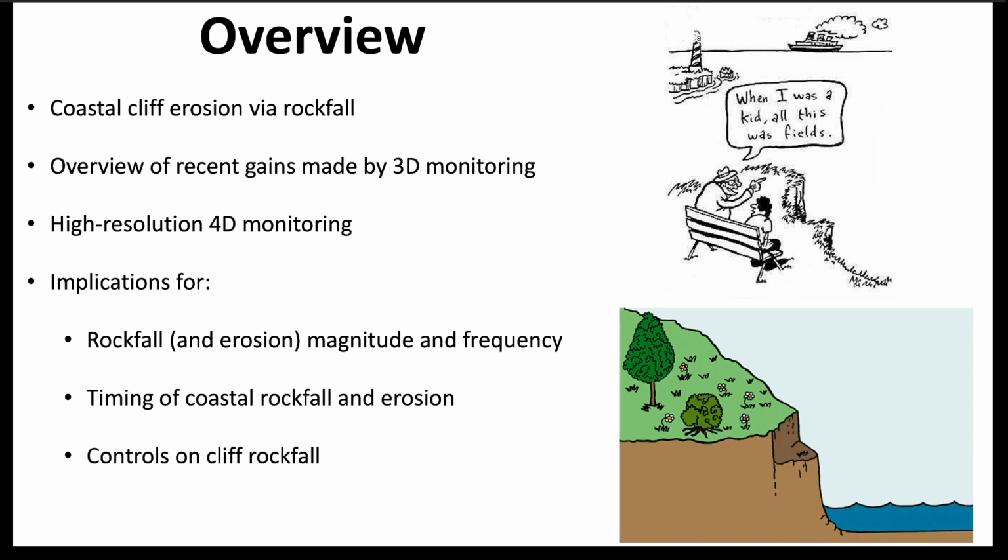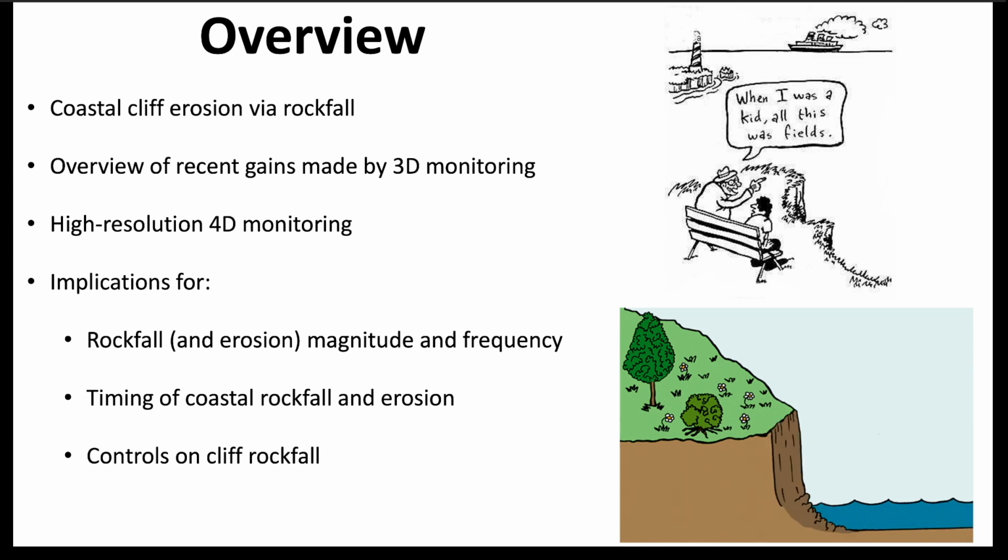Now, one approach to tackle this kind of problem has been the adoption of more recent 3D monitoring techniques. And I want to give a very quick overview of the recent gains that have been made through this kind of approach. I then want to focus more specifically around adding a high resolution temporal dimension to these 3D monitoring approaches. So what happens if we monitor cliffs at a very high frequency?